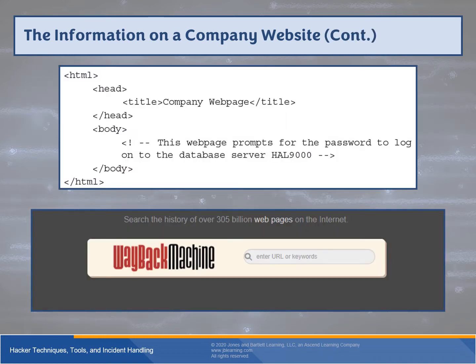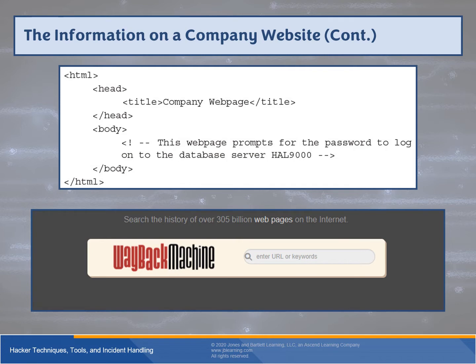So here is a really handy tool to be able to pull some information about the web page in question. Now, if we look at just the HTML code, we see here in the body, we've got a comment.